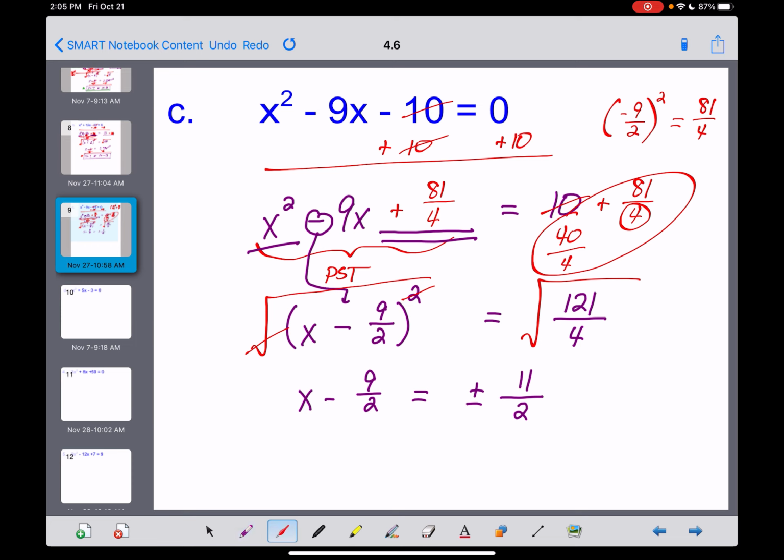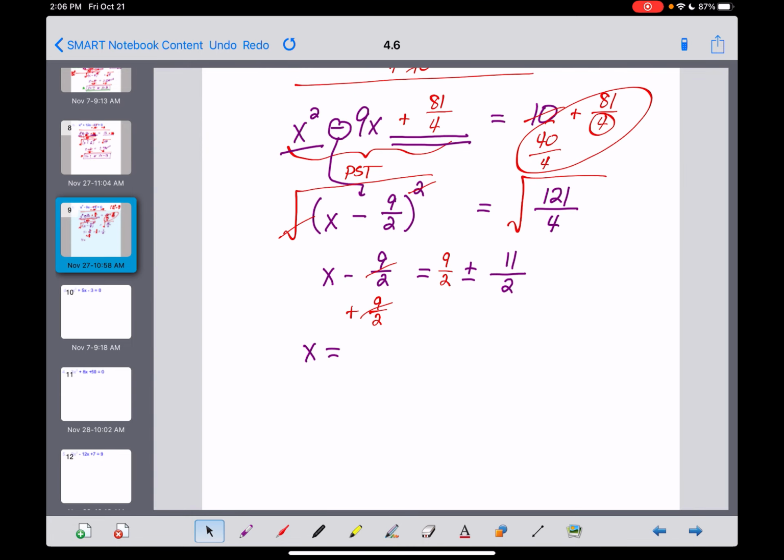Last thing we need to do to get x by itself, we're going to add 9 halves on both sides. And what I'm going to do here, guys, let me put it here, actually. I'll cram that in. 9 halves plus or minus the 11 halves. Okay, so x equals, and I think I better zoom out here just a little bit so we can see this going on.